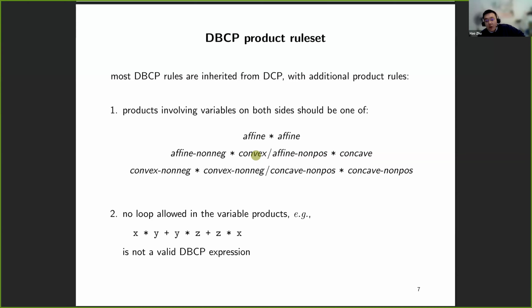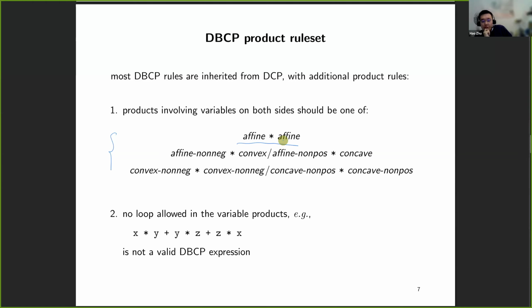In general, for a product of two expressions involving variables, we cannot say if it's convex, concave, or something else. But for a biconvex problem, if we have one of these, then it's guaranteed to be biconvex. For example, if we have a convex times a convex, then this is biconvex.